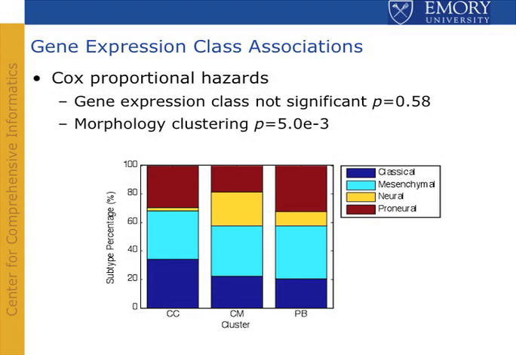But if you look at the different morphology clusterings in terms of gene expression, you can see there do appear to be some systematic differences, but certainly there's a huge overlap.